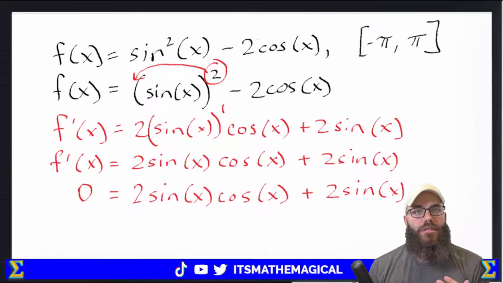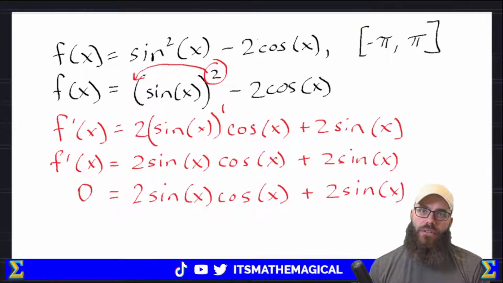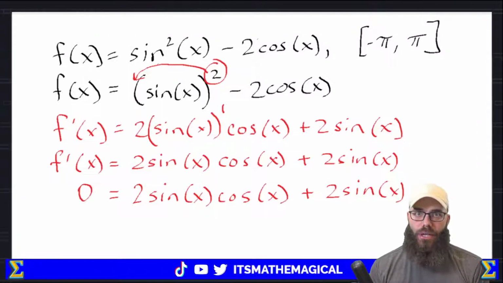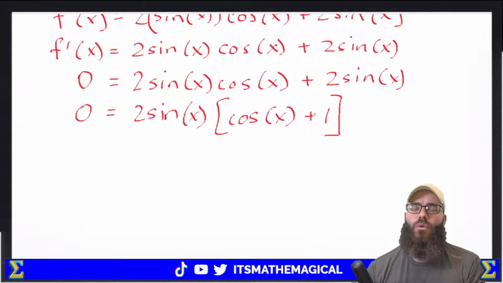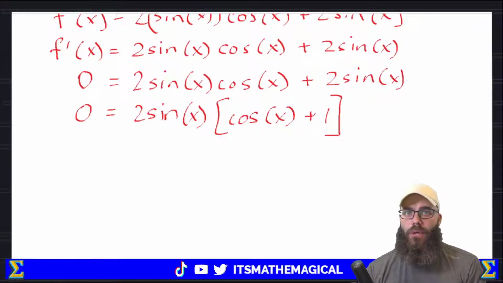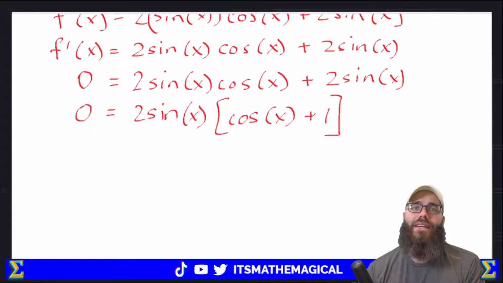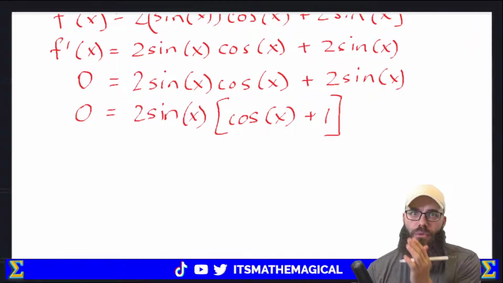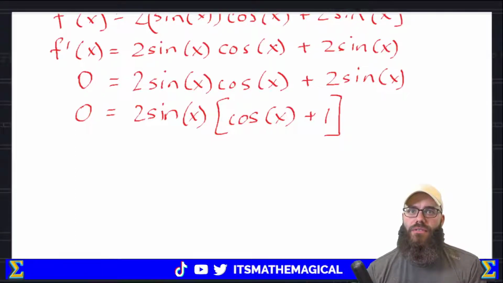These two terms have a common factor of 2 sine x. So let's factor 2 sine x out of this equation. Once you factor that 2 sine x out of both terms, you'll be left with 2 sine x times the quantity cosine x plus 1, and that's the simple factoring of a GCF.